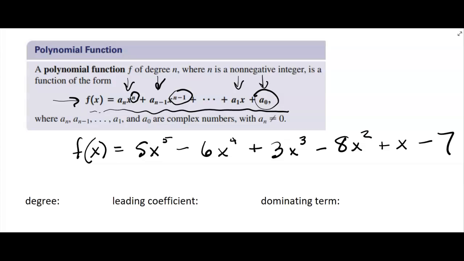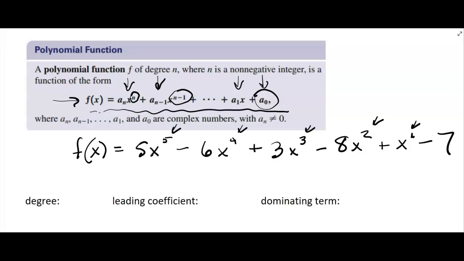You could have something like that, okay? So that would be a polynomial function. Your exponents are not negative, and they're not fractions. They're integers, okay? By the way, the exponent here is 1.